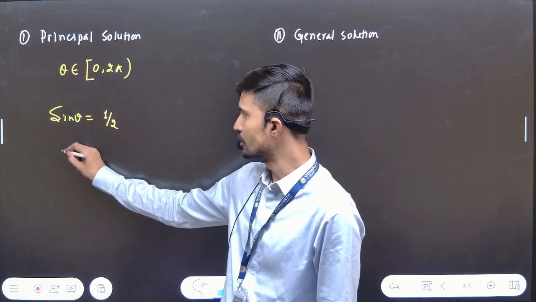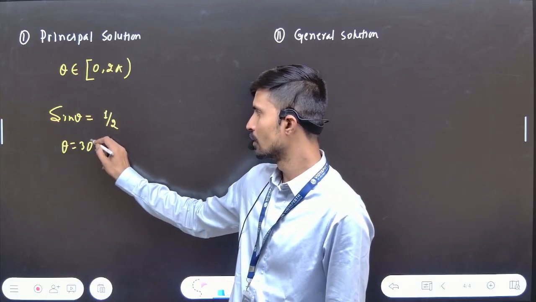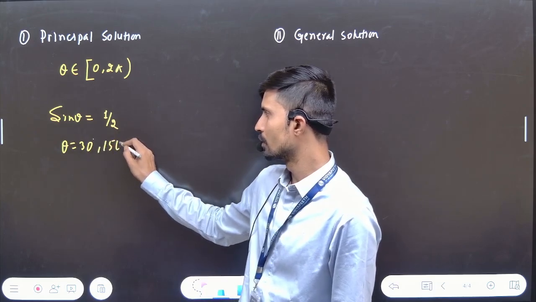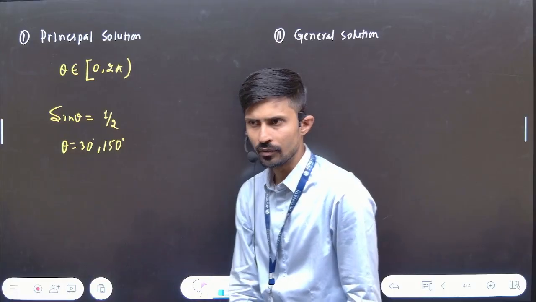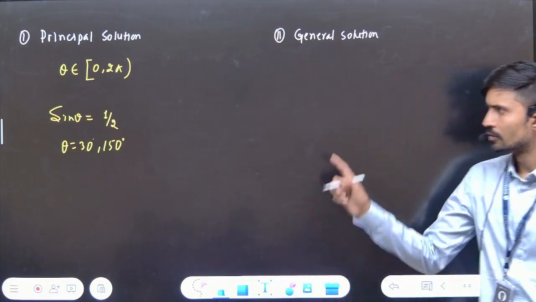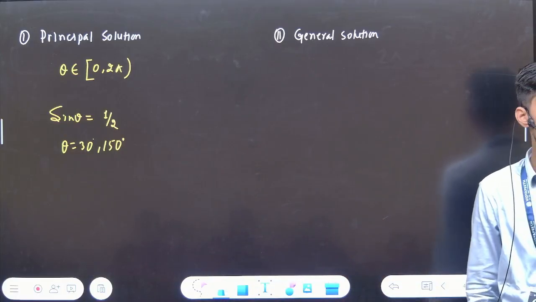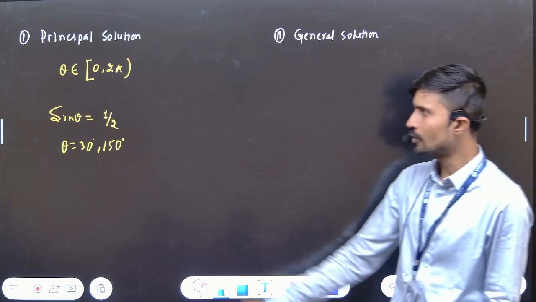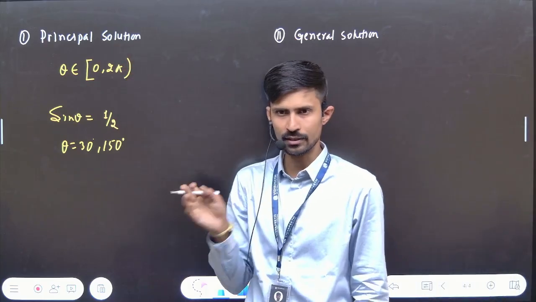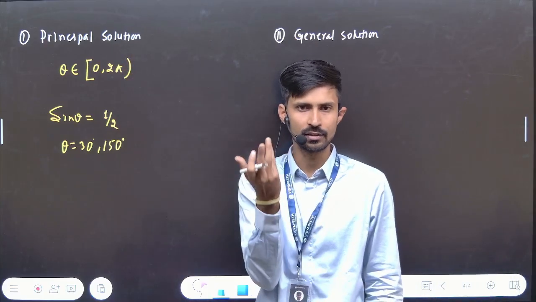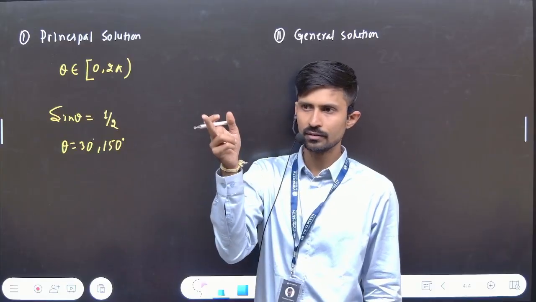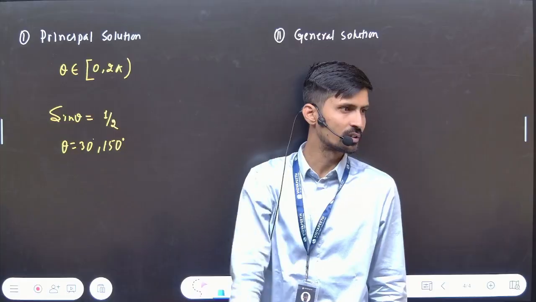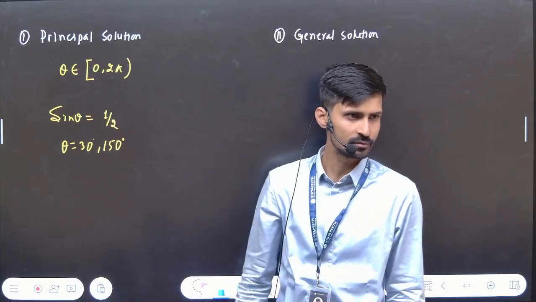So theta is equal to 30 degree and 150 degree. Those will be the principal solution. In the principal solution, we cannot write an angle more than 360 degrees. Simply, in one rotation you have to find, because in one rotation all angles will get covered. So no need to exceed further.